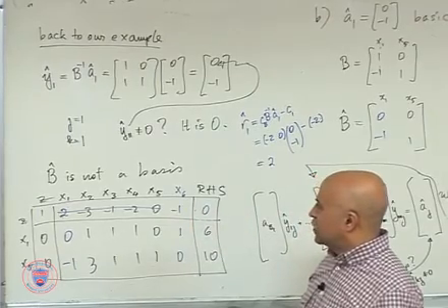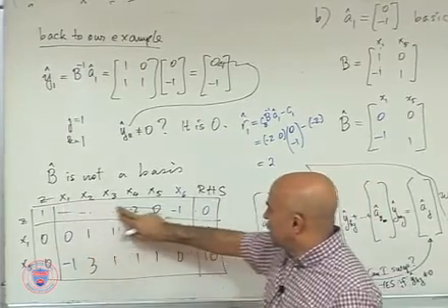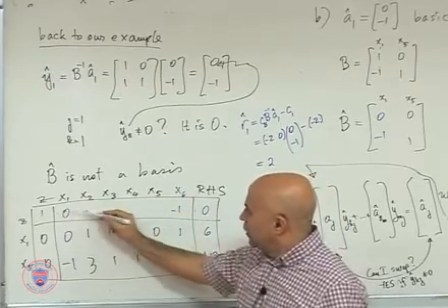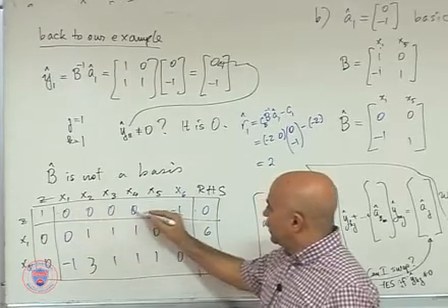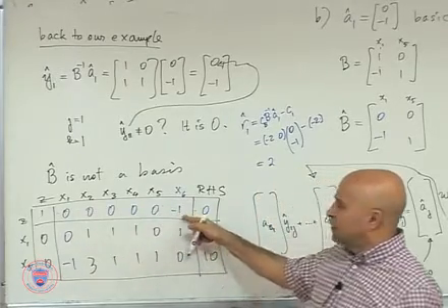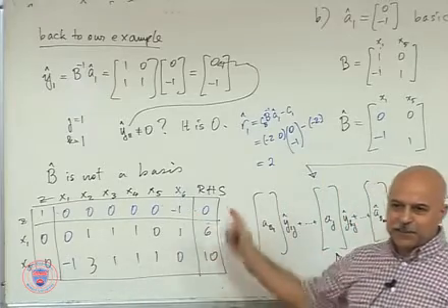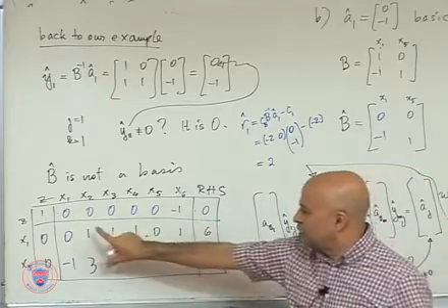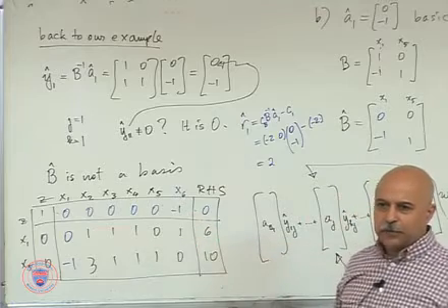So the phase 1 problem will minimize the sum of the artificial variables. In this case, there's only 1. You will minimize x6 subject to the constraints that you see in the tableau.